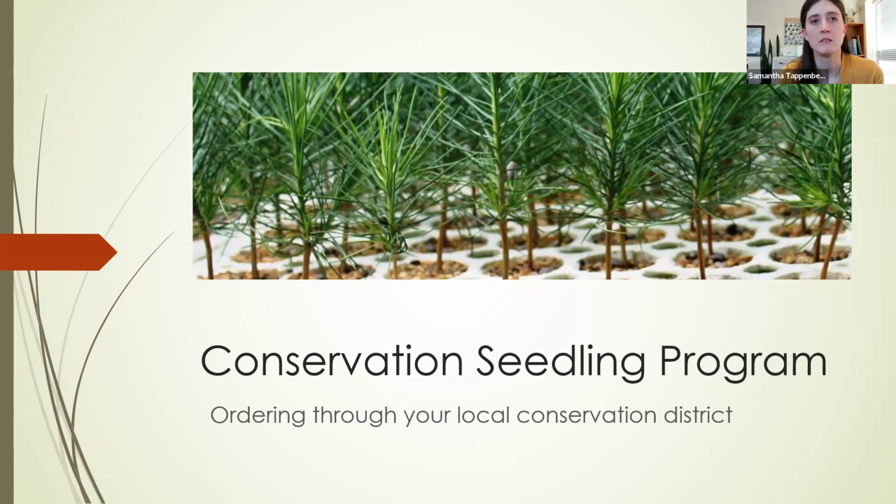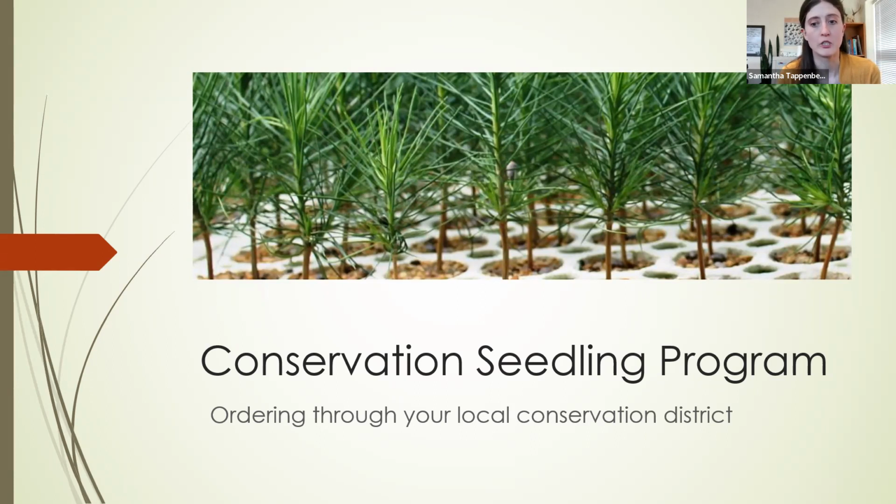That being said, some landowners just prefer to order through their local conservation district, even if they're established customers at the nursery. I think some people just prefer to come in, meet in person, work with their local conservation district for assistance and consultation.